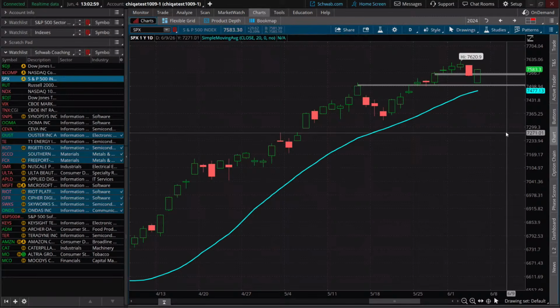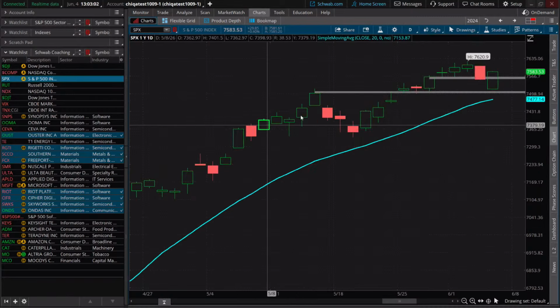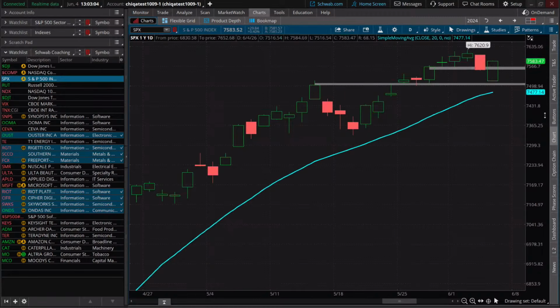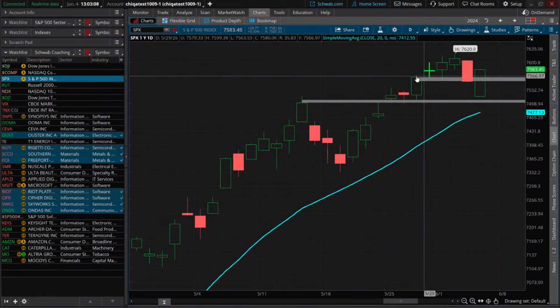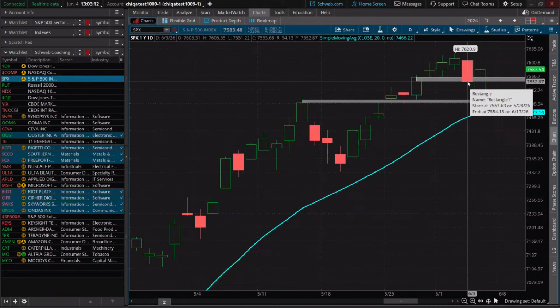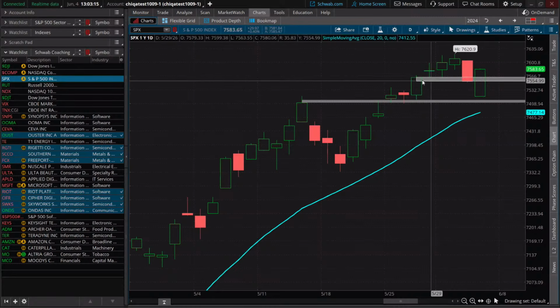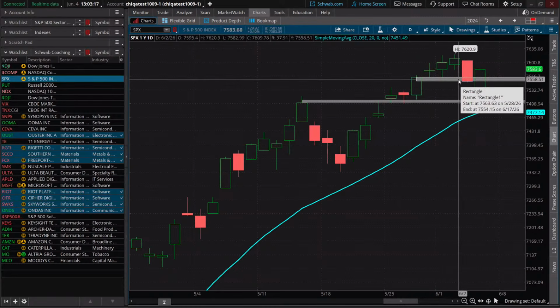Looking at the price action of just today and yesterday, we can see that we broke through the first level of support yesterday, which was right around that 7,550 level or so, that zone we had been consolidating around.